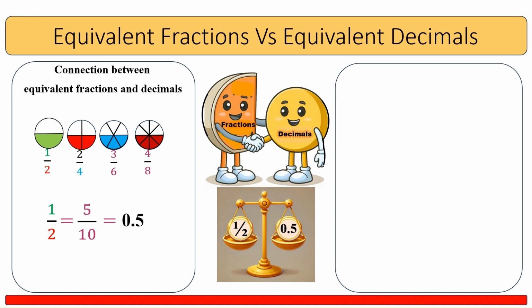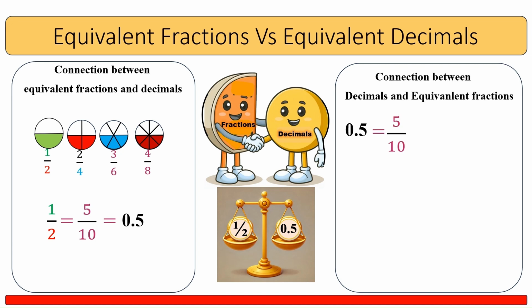Now take 0.5. It can be written in multiple ways using fractions. 5 by 10. We keep multiplying both the numerator and denominator by 10 to create equivalent fractions, but the value remains the same.